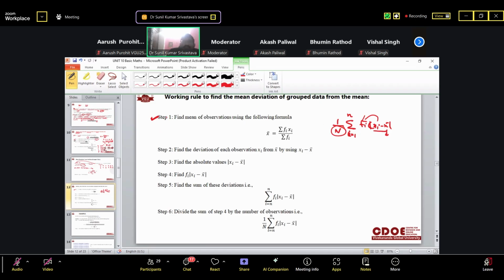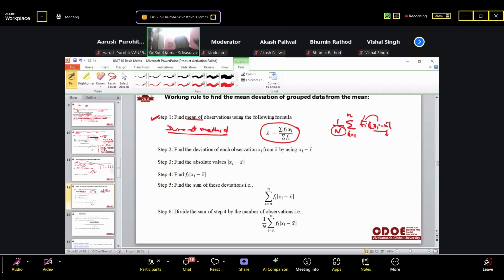So first of all, what do I have to do? Find the mean of the observations using the formula, sum of f x upon the total frequency. This is known as the direct method. You can also use other methods to find the mean of the given data, like the step deviation method and the assumed mean method.